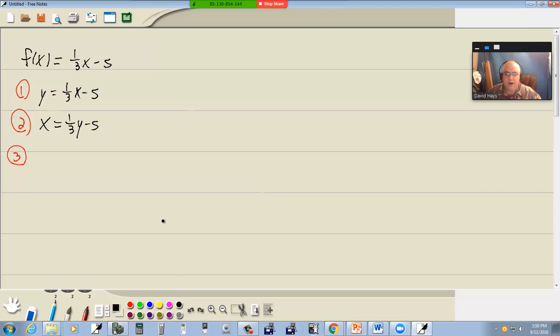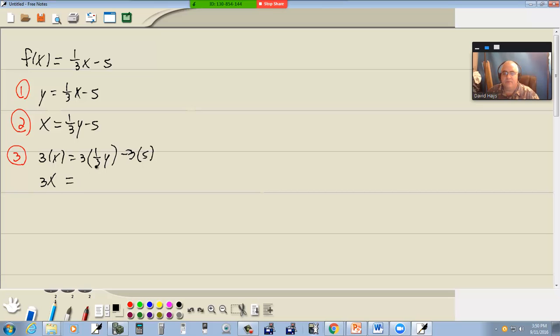Step 3, solve for y. Get rid of parentheses. We don't have any. Get rid of fractions. We do have that. We'll multiply everything by the LCM of all their denominators. So multiply everything by 3. So I'll take 3 times x, and I'll take 3 times 1/3 y minus 3 times 5. So we get 3x.